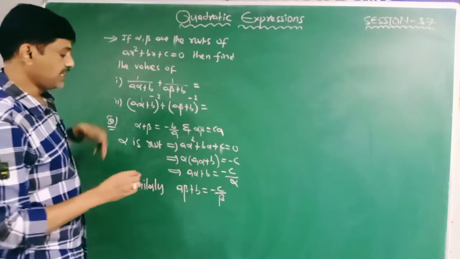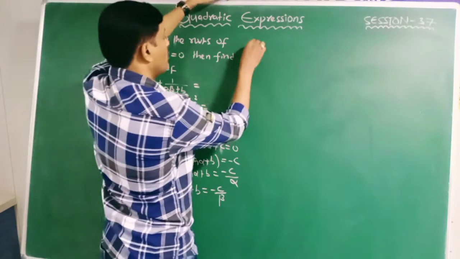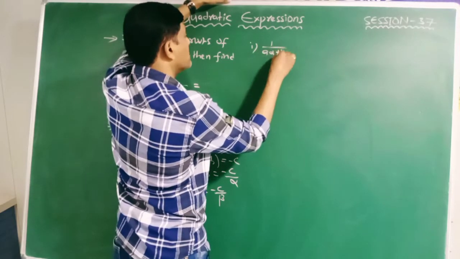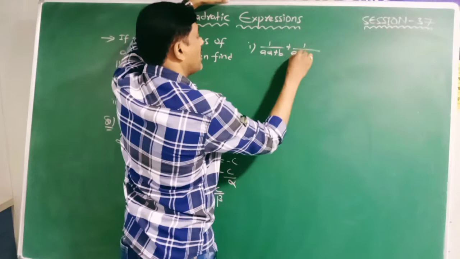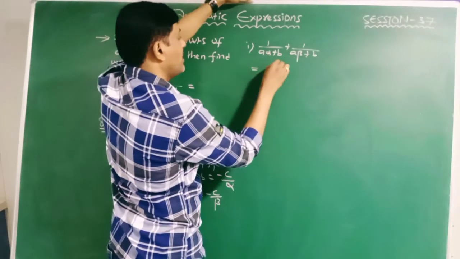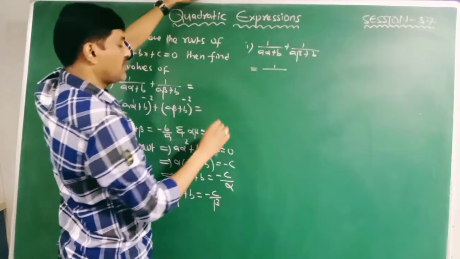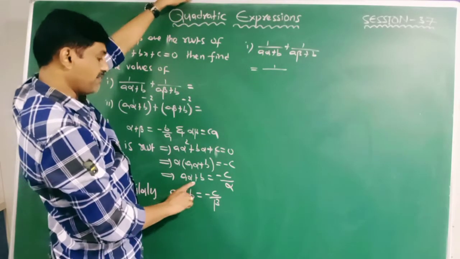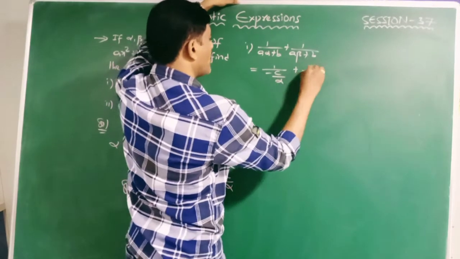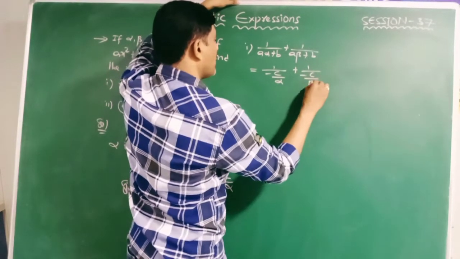Now first problem: 1 by (a alpha plus b) plus 1 by (a beta plus b) is equal to, already we got the values, 1 by minus c by alpha plus 1 by minus c by beta.